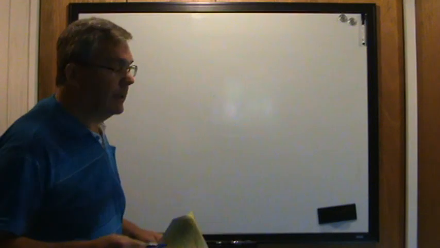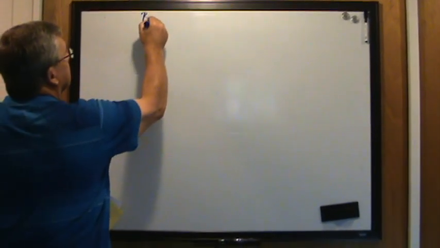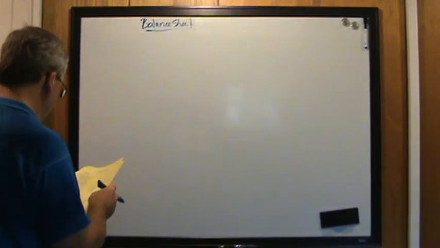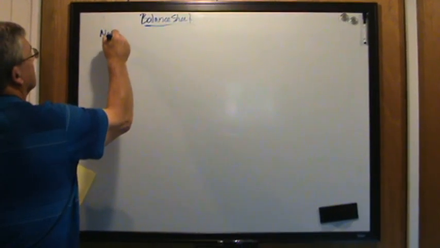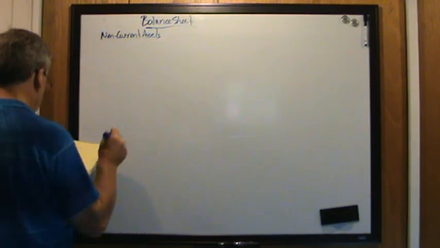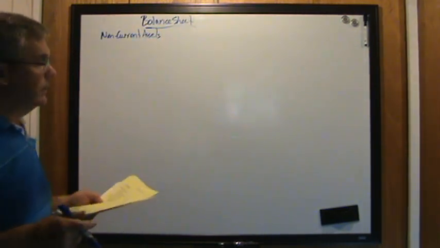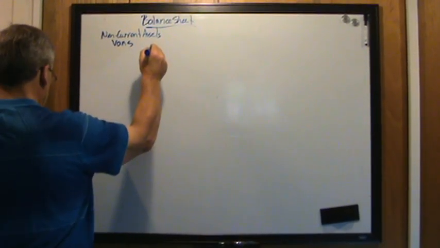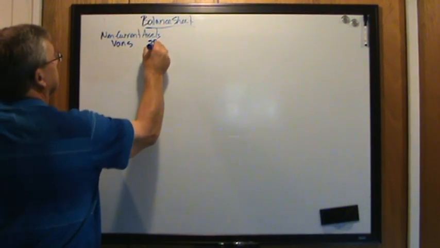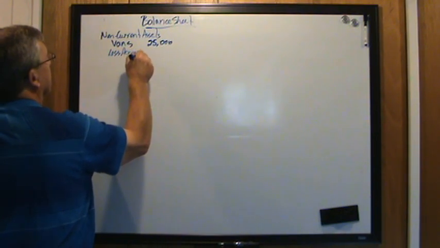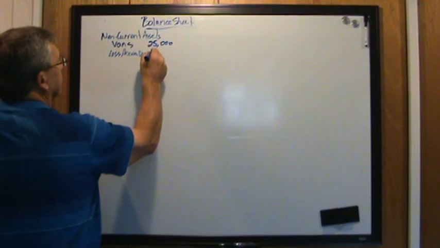Balance sheet. Now I asked you to put the balance sheet in the international format. Okay, and that starts with non-current assets. Non-current assets were entirely the vans, so we have vans were 25,000 in total, less accumulated depreciation, which was 7,500.